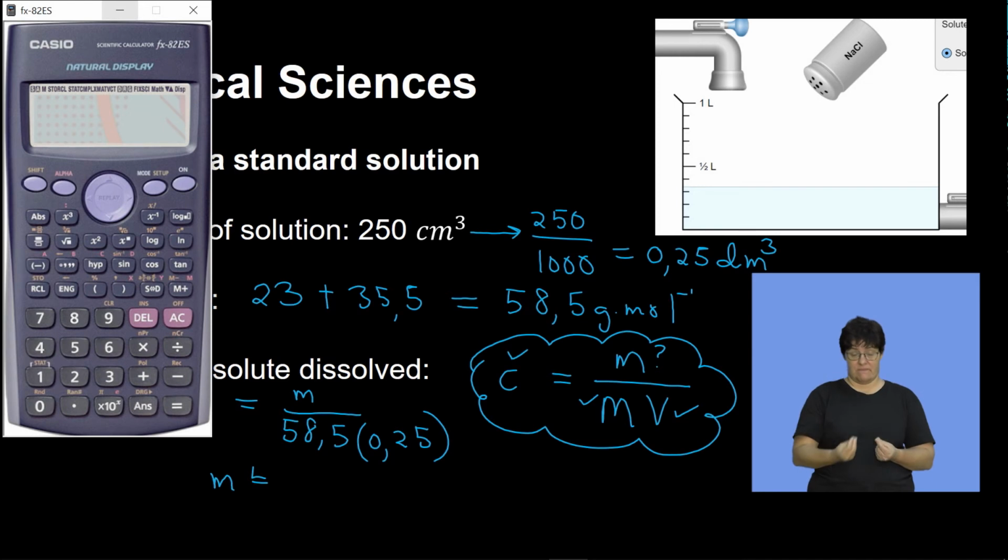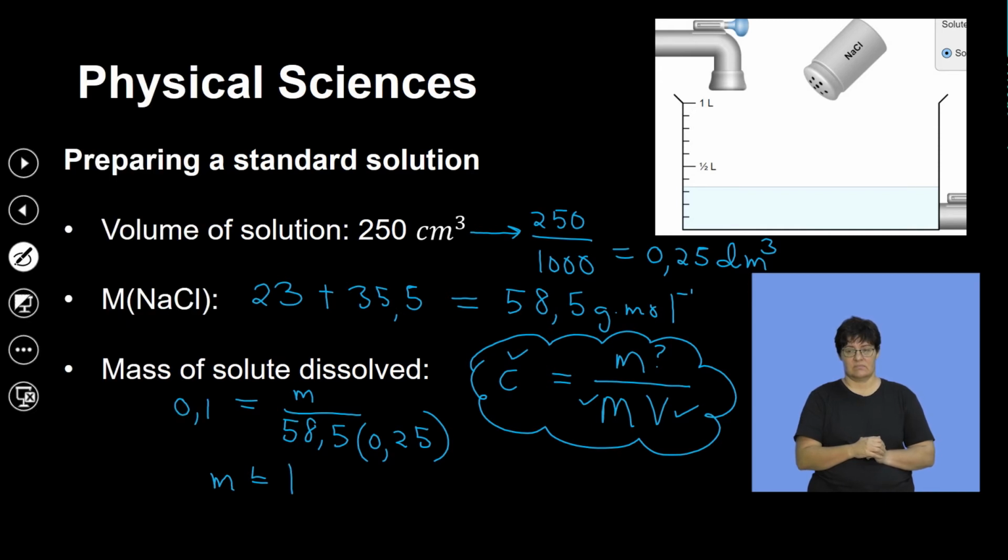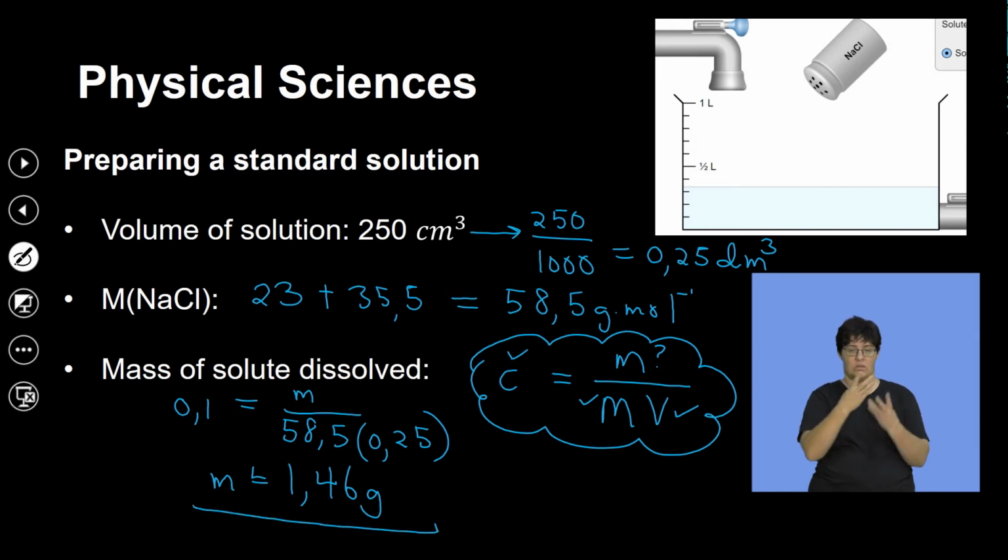So the mass is actually a product of those three, which is 0.1 concentration multiplied by 58.5, which is the molar mass of sodium chloride, multiplied by the volume converted to cubic decimeters, 0.25. So what mass was dissolved is 1.46, so that's 1.46 grams of sodium chloride was dissolved.